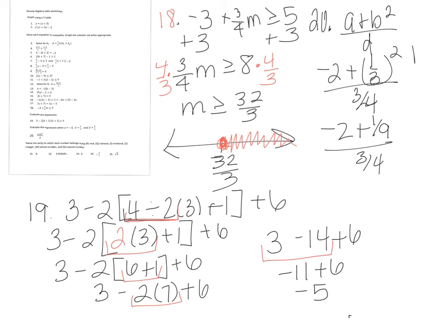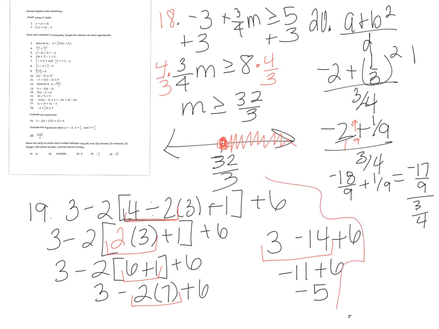And negative 2 plus 1/9, we can get a common denominator of 9. Put the 2 over a 1 times 9 over 9, and we get negative 18 over 9 plus 1 over 9 is going to give us negative 17/9 divided by 3/4. And then this part confuses a lot of us.